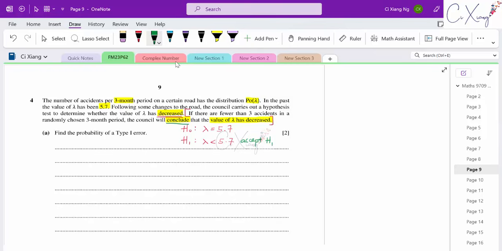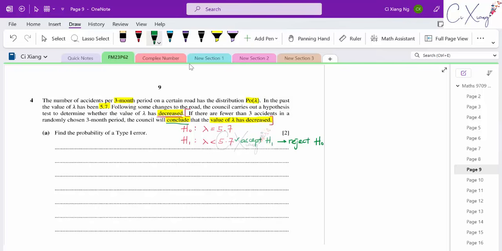Because when we conclude that the value of lambda has decreased, that means we have enough evidence to show that this is true, and therefore we accept the alternative hypothesis, or we can say reject the null hypothesis.